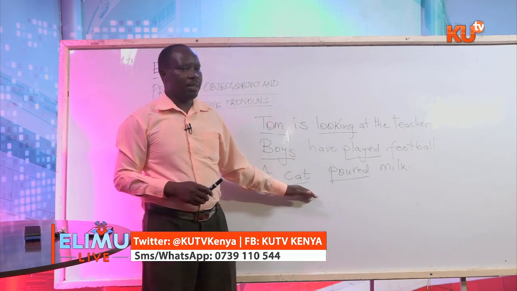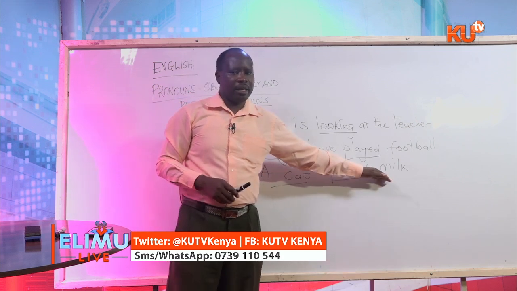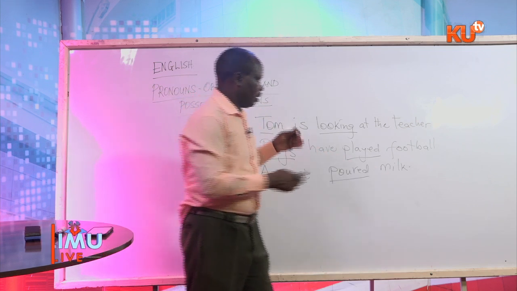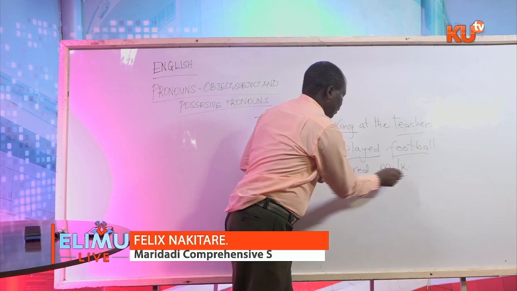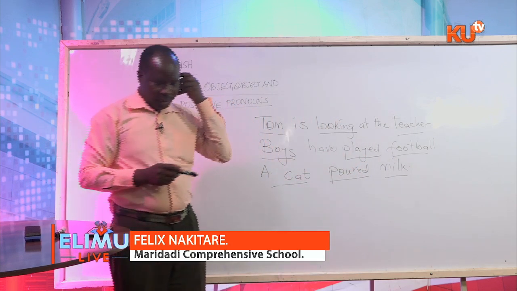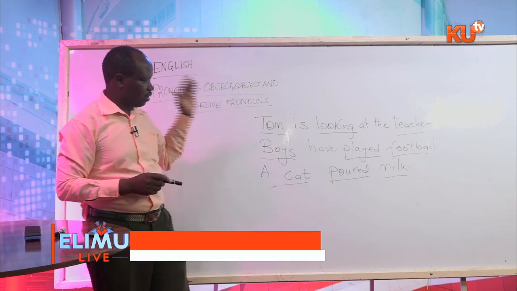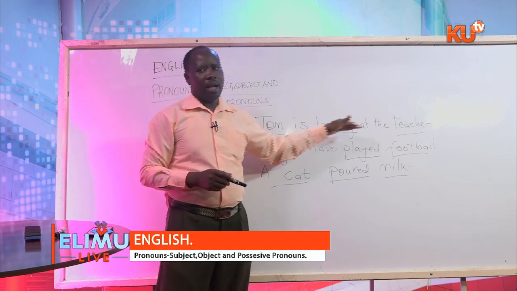A cat is the subject, poured is our verb, and milk is our object. Hope now we can very clearly remember the three parts that we learned in our previous lesson: subject, verb, and object.